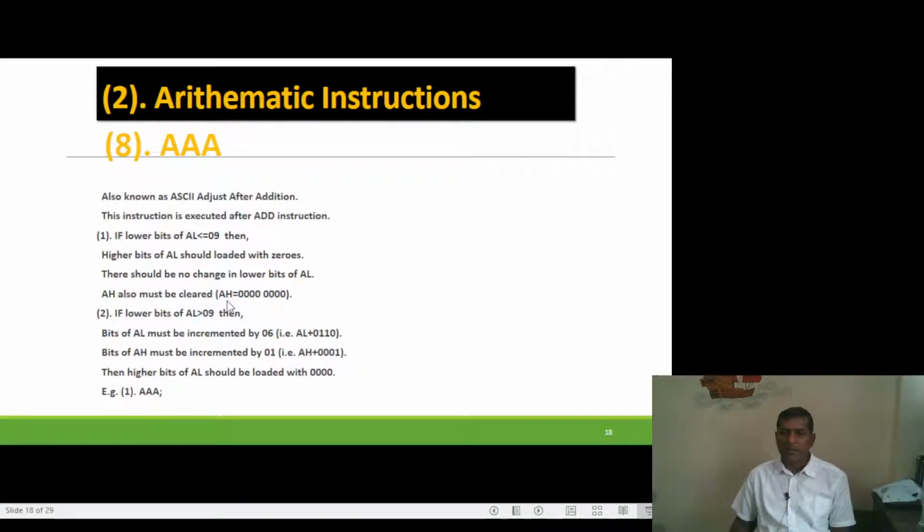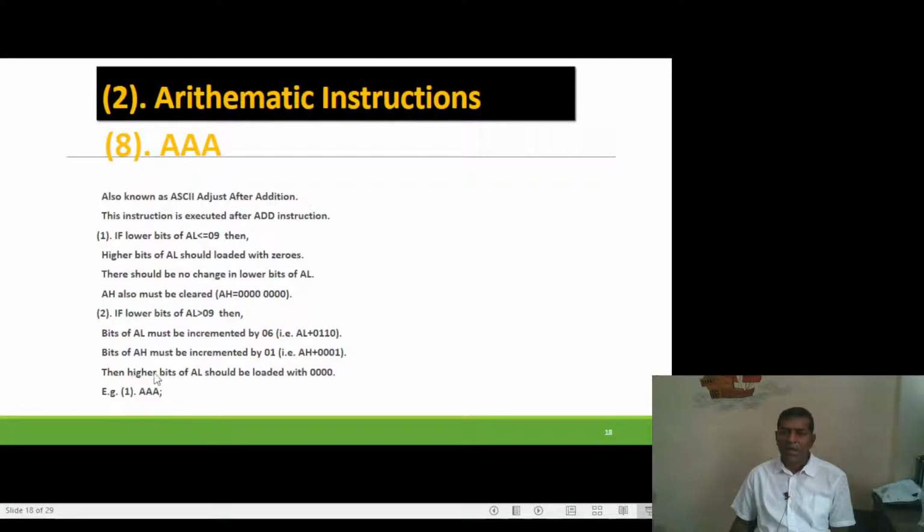So, this is the result: AH is 00H. If the lower bits of AL are greater than 09, then AL must be incremented by 6, that is, plus 0110, it means 6 will be added to that. AH must be incremented by 1, so AH will be 01.